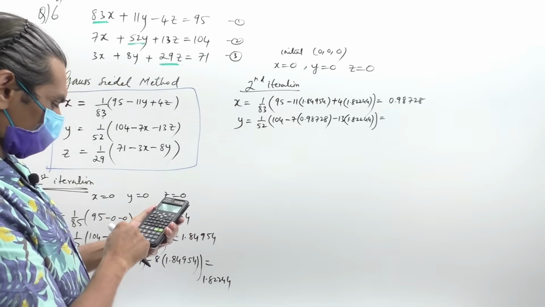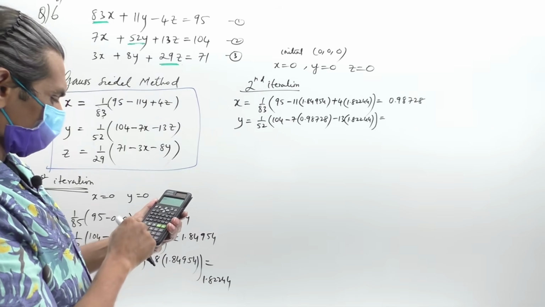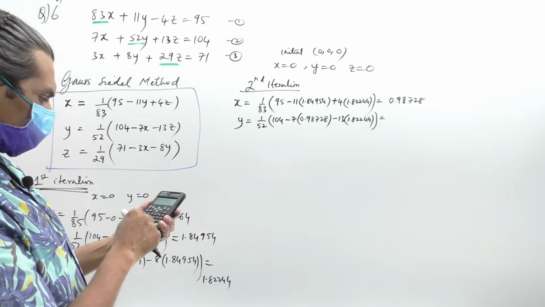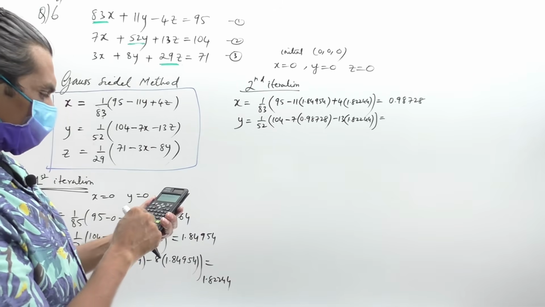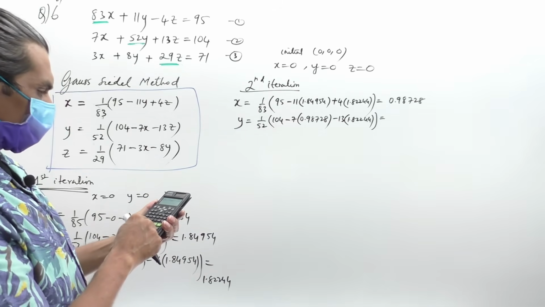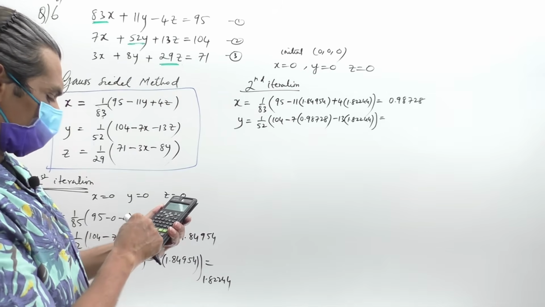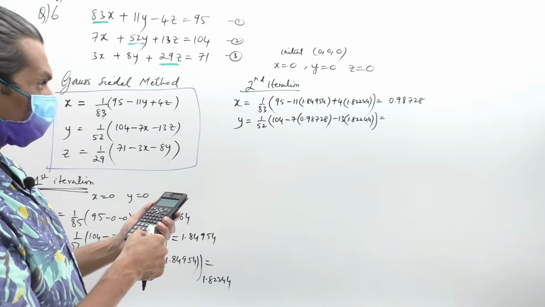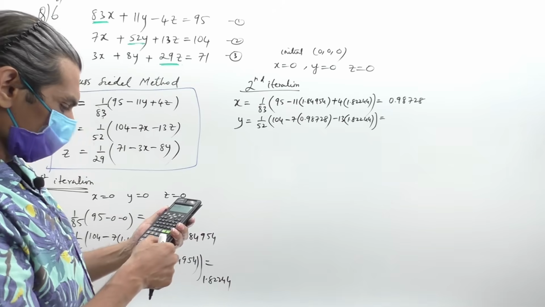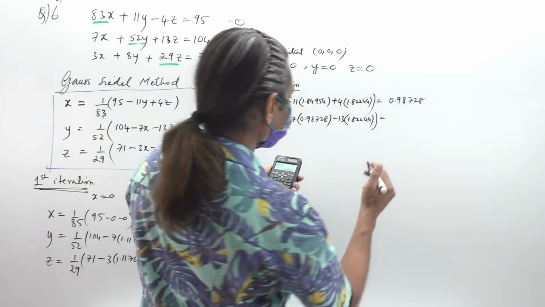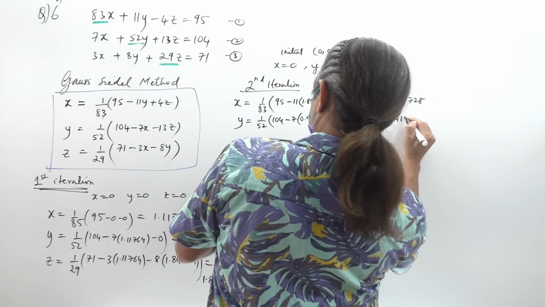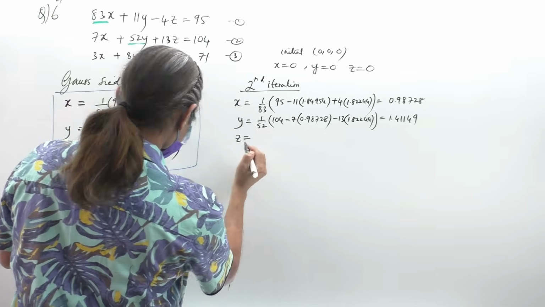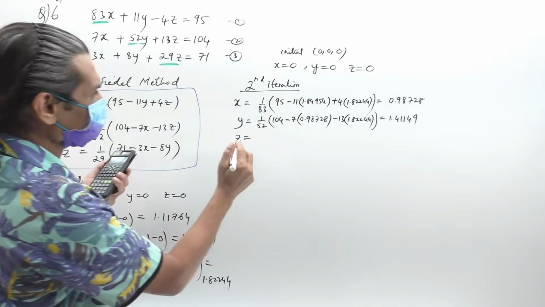So I'll write 104 minus bracket 7 into answer minus 13 into 1.82244, divided by 52, so this is 1.41149.